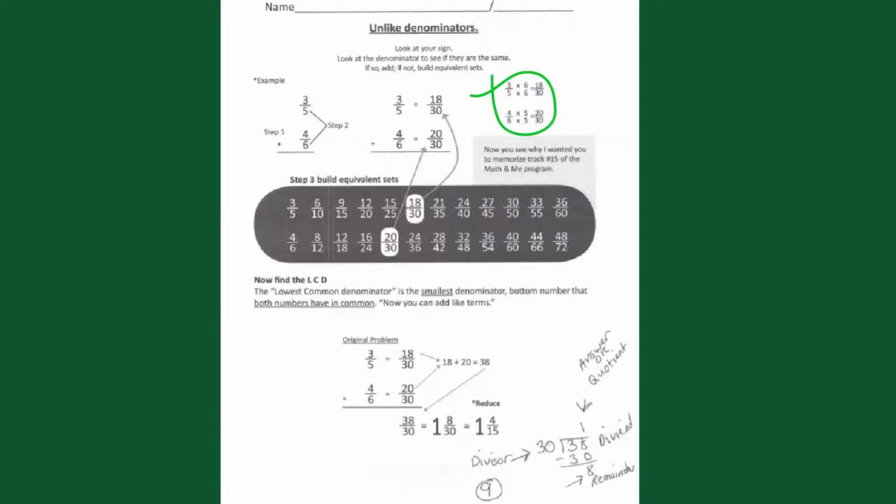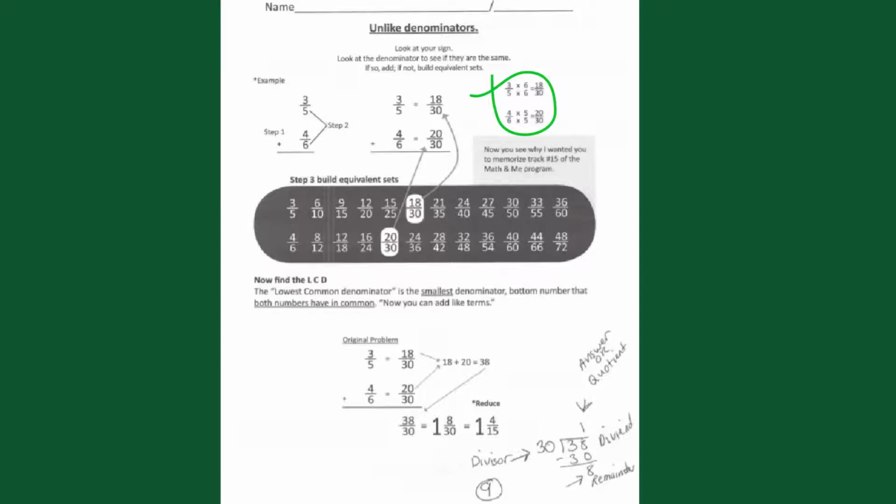Now, what you do to the top, you must do to the bottom. So the factor 3 times the factor 6 equals 18. The factor 5 times the factor 6 equals a product of 30. The factor 4 times the factor 5 equals the product of 20.